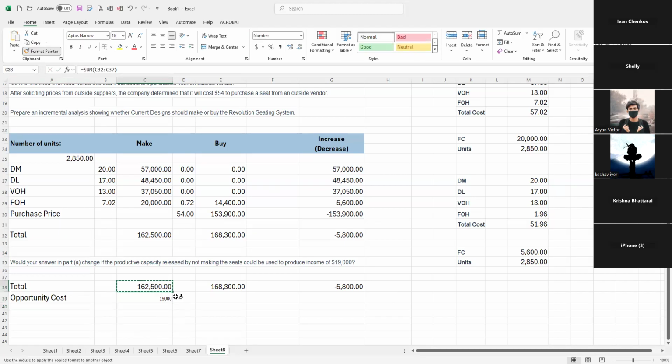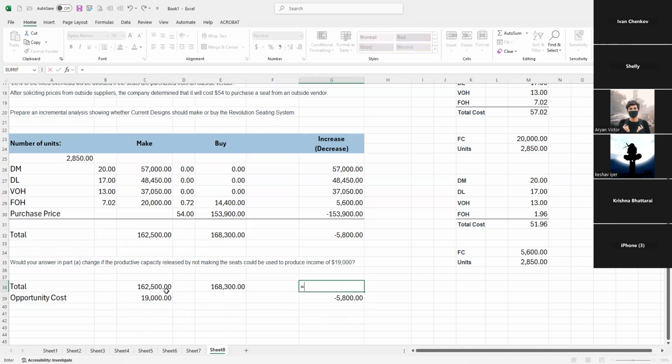Make sense? And if we put it in that perspective, now we're losing another. So that's not going to be that one. That's going to be equal to this one minus that one. But if we put in the opportunity cost, now we're generating 19,000, correct?